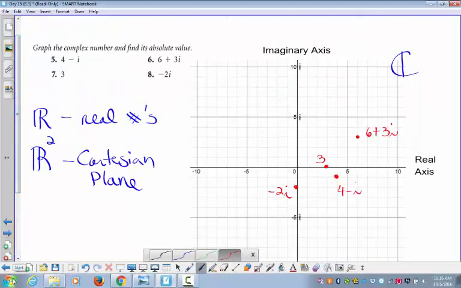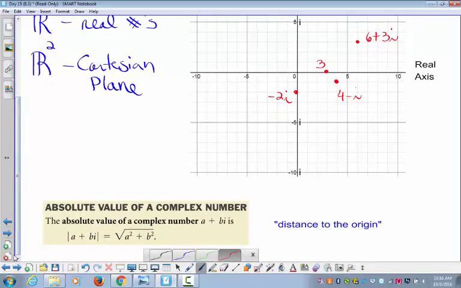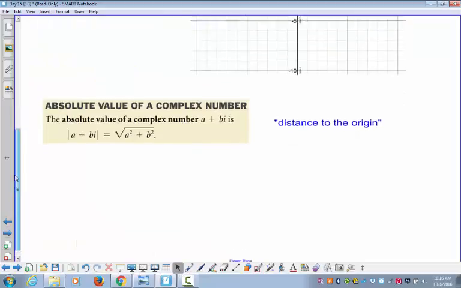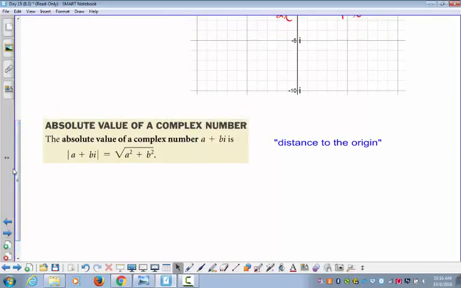So the first property we talk about is the absolute value of a complex number. A lot of books will call it the magnitude of the complex number. This book calls it the absolute value. It means the same thing. So the absolute value of a complex number is its distance to the origin.